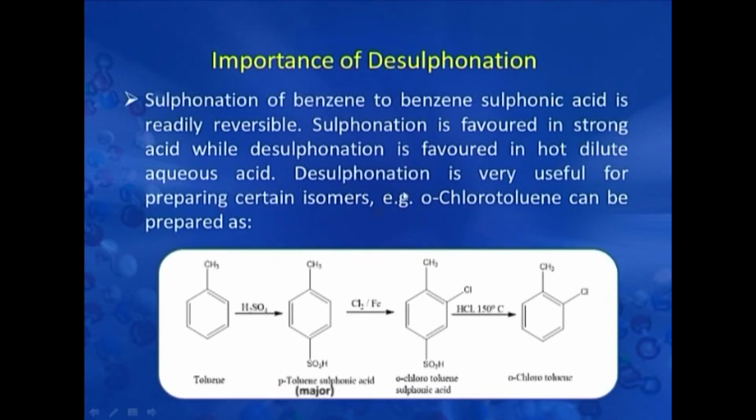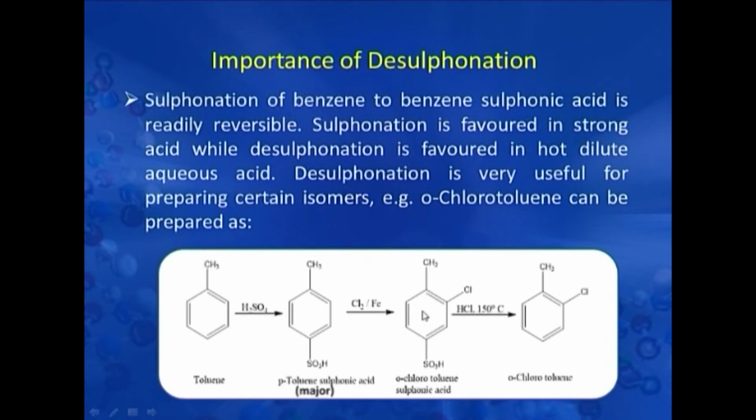See how. First of all, we do the sulfonation of toluene. Sulfonation of toluene gives paratoluene sulfonic acid in major amount. This paratoluene sulfonic acid is then halogenated with chlorine in presence of FeCl3. So, we get here the orthochloro derivative of paratoluene sulfonic acid.